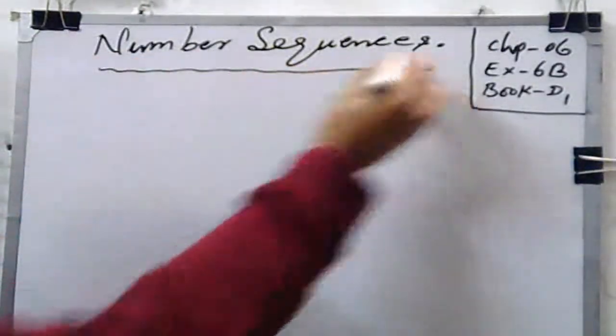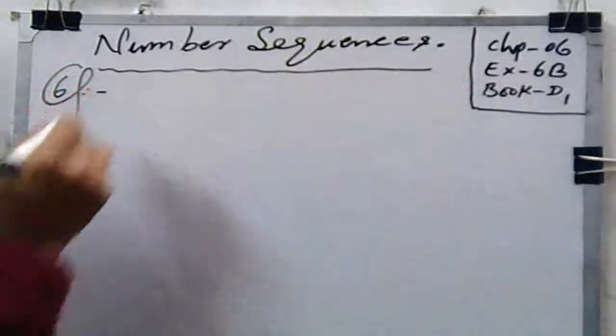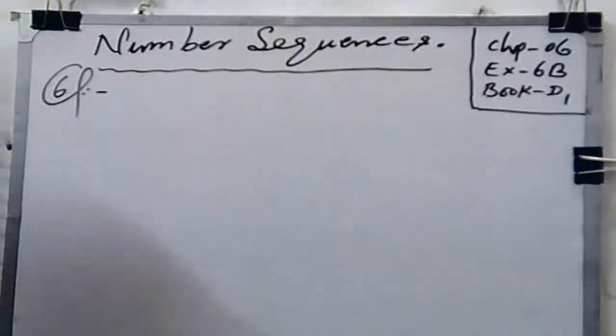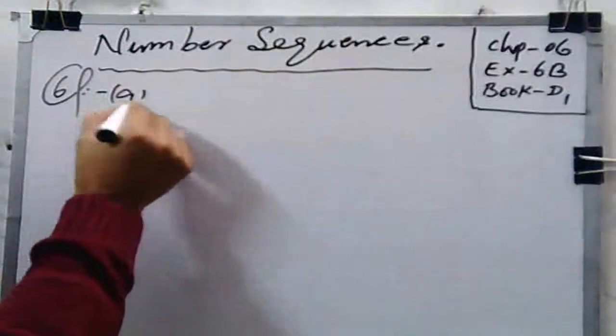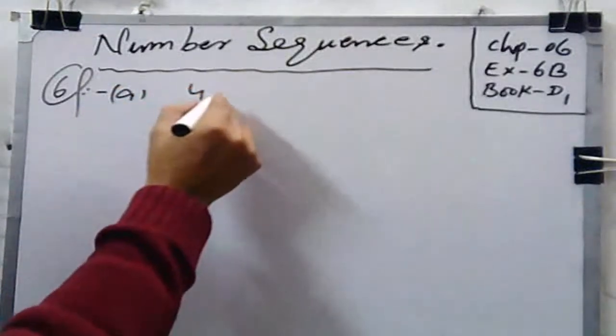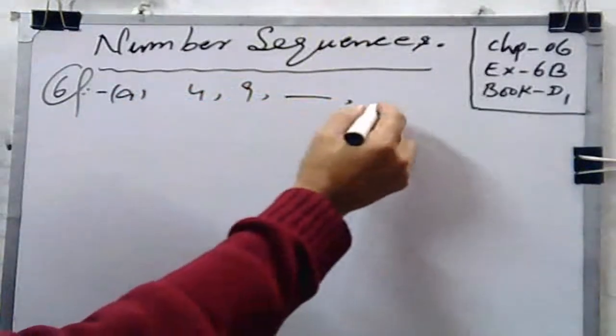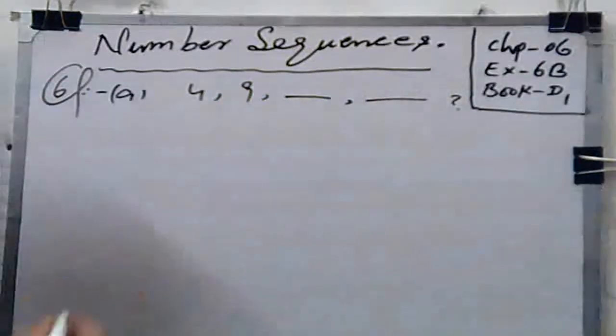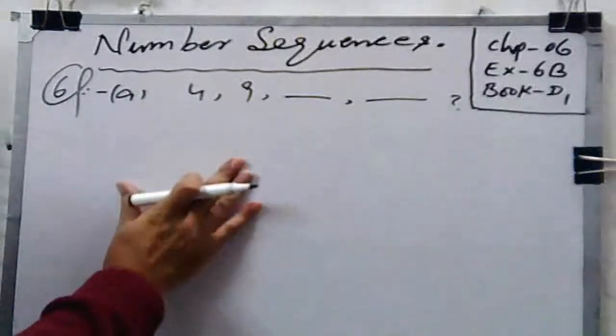Now in question number 6, we see the diagram in the A part, and in the A part we have been asked to find the unknown number in the sequence. By the given triangles it is clear that, once again, there are different types of triangles, but in this diagram no shaded triangles are given.